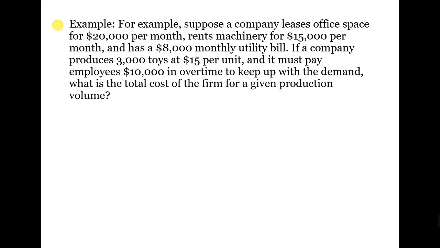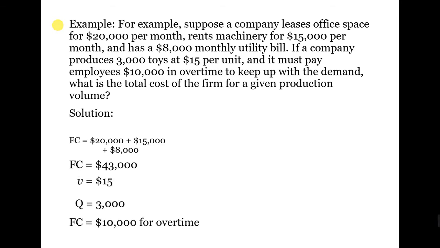If the company produces 3,000 toys at $15 per unit, and it must pay employees $10,000 in overtime to keep up with the demand, what is the total cost of the firm for a given production volume? From the total cost formula, the first fixed cost is the composition of payment for office, machinery, and utility bill with a total of $43,000.